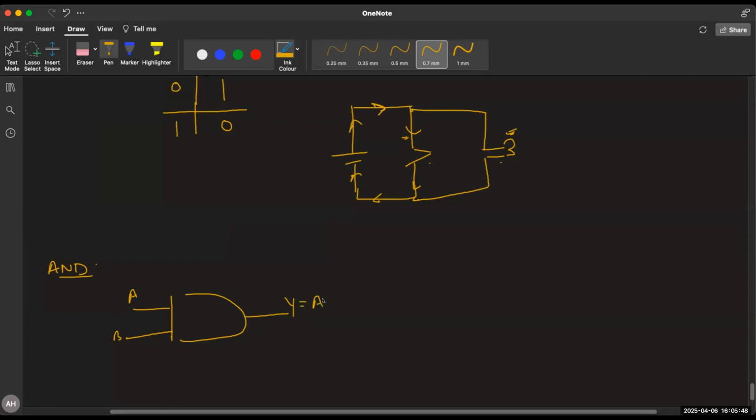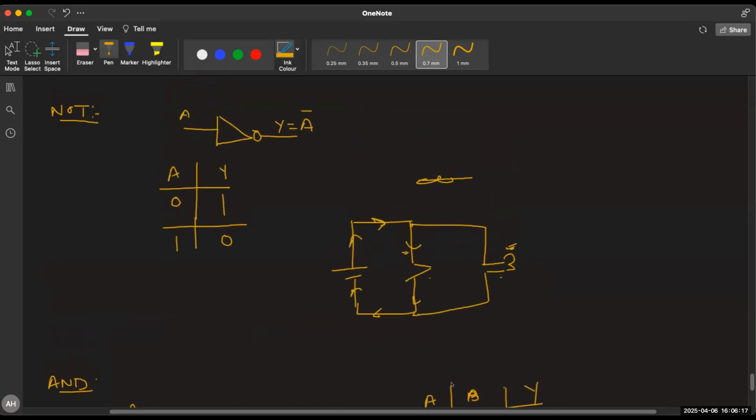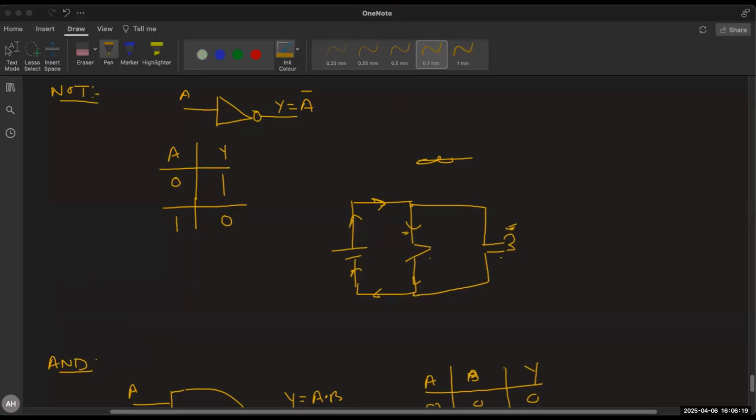This is A and B. So if I write the truth table, this is A, B and Y. This is the operation A and B. So 0, 0 is 0. 0, 1 is 0. 1, 0 is again 0. It's just 1, 1 which will give 1. Draw it, then I will draw the analog circuit of it.